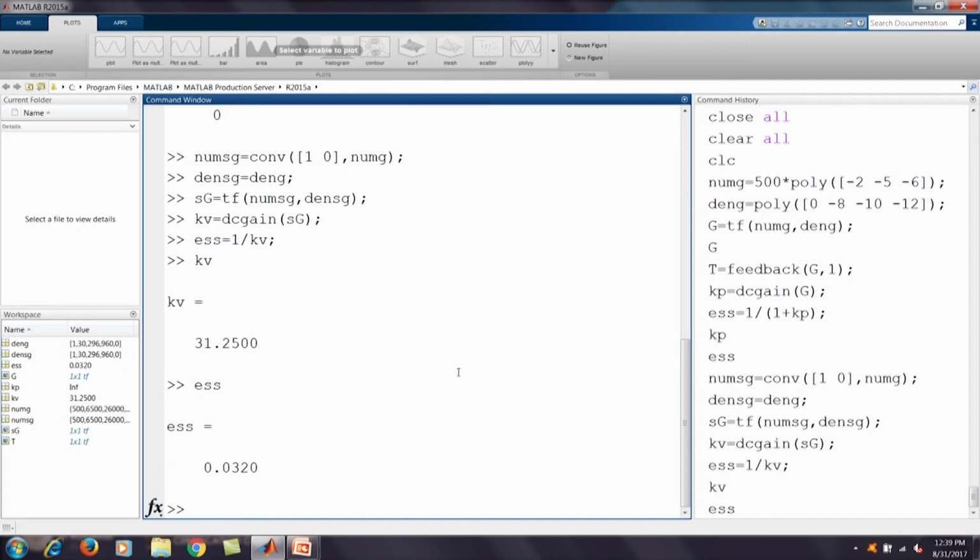Now we go for the parabolic input. For parabolic input, we have to get s squared G. So we will repeat this: nums2G equals conv of [1 0 0], which is just s squared plus 0s plus 0, and the conv function multiplies this with numG.